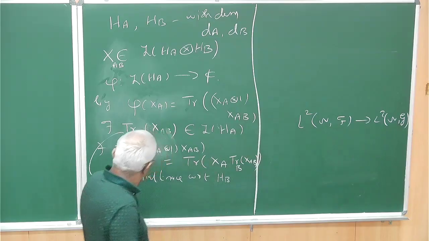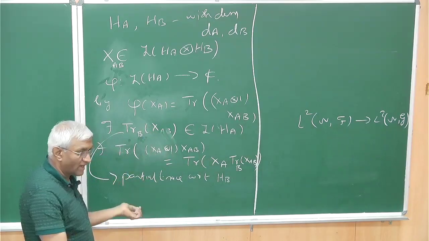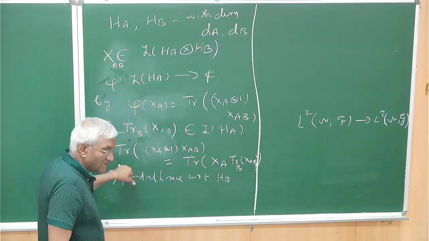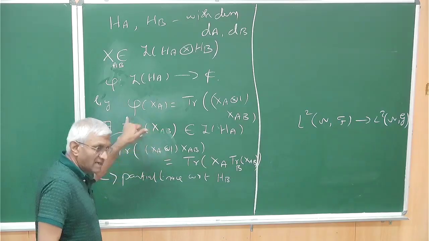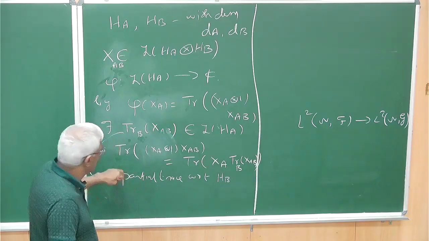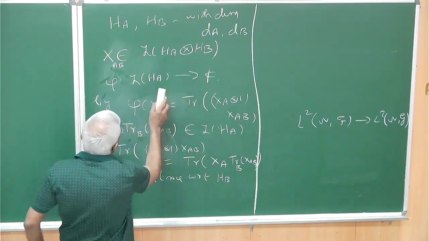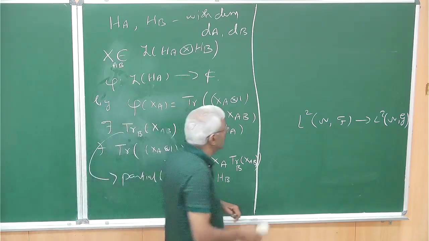We don't need all that, but the trace is like integration, and the partial trace is like conditional expectation. Integration is expectation; partial trace is like conditional expectation from this algebra to this algebra. That is what it is.